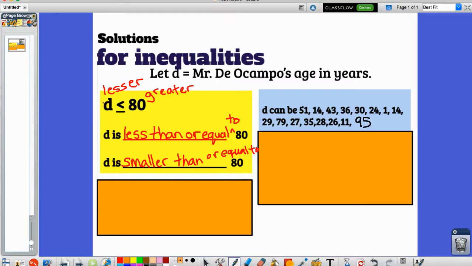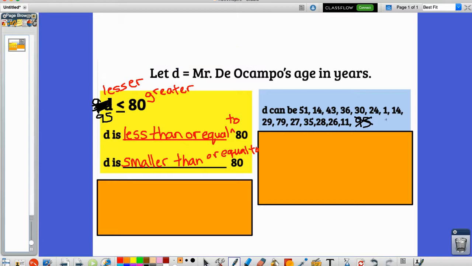Let's try it. If I took this D and erased it and put 95, is 95 less than or equal to 80? You would say no, this is false. 95 is not less than or equal to 80, it's greater than. So 95 would not work.